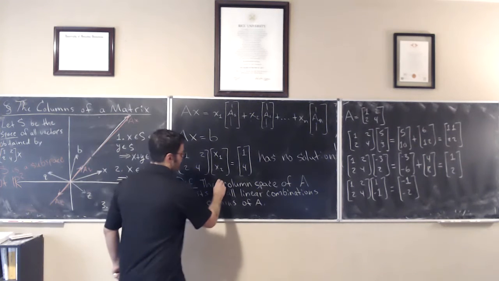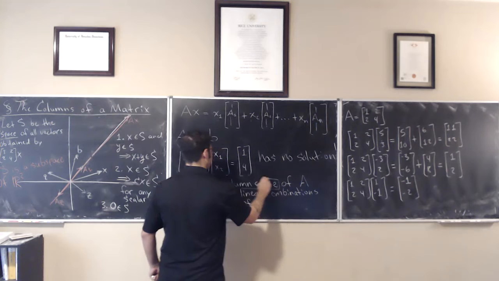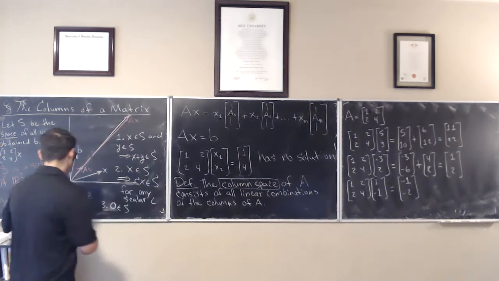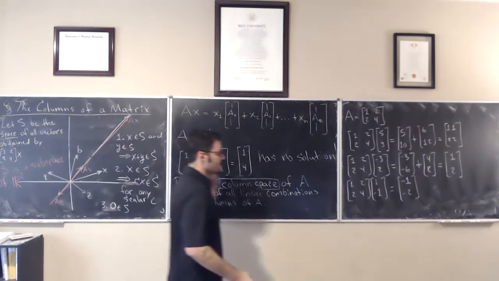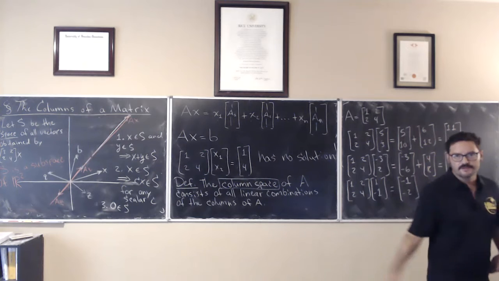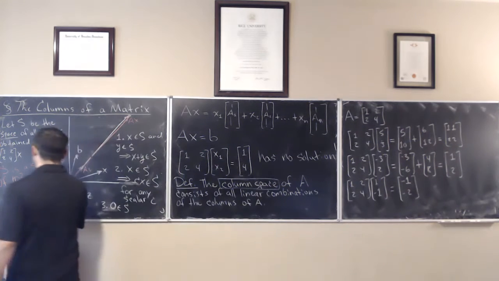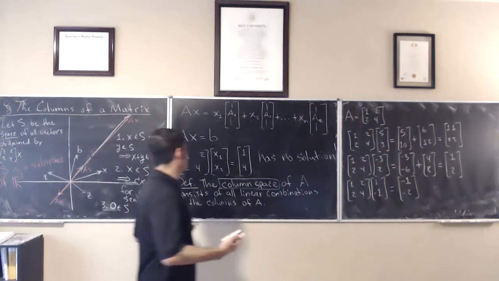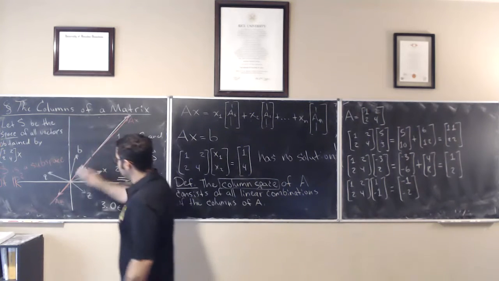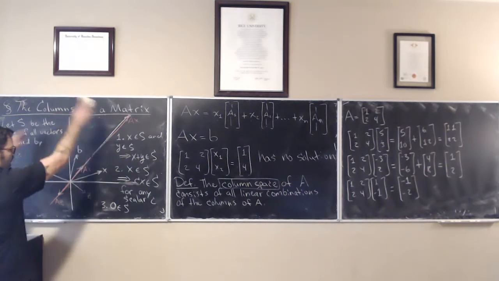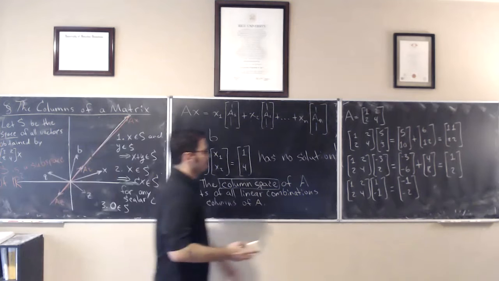And if the vector B does not belong to the column space of A, then you can't solve it. There is no solution when that's the case. But again, how do we know that we're landing on a line and not all of the space when multiplying by A?